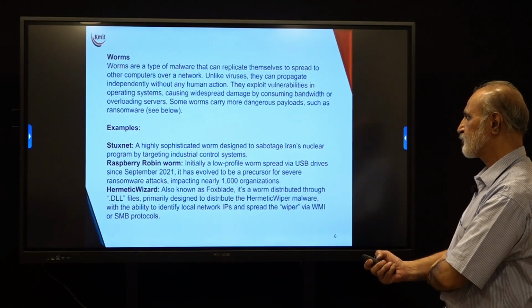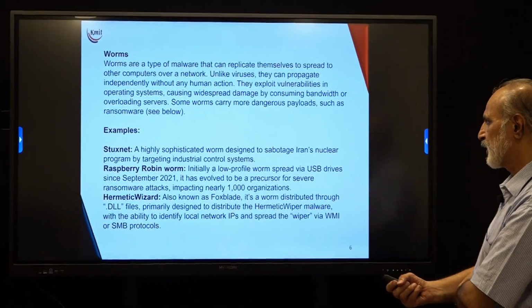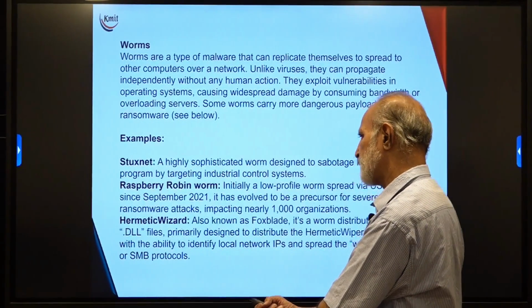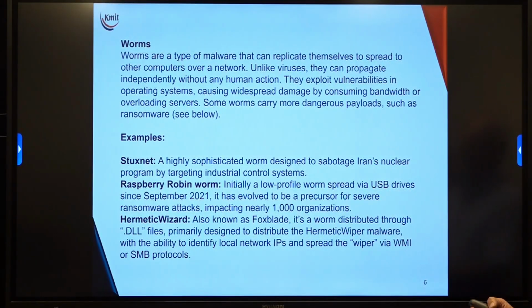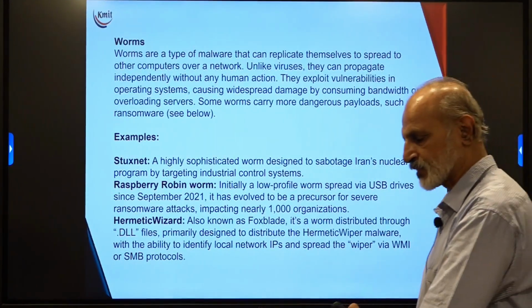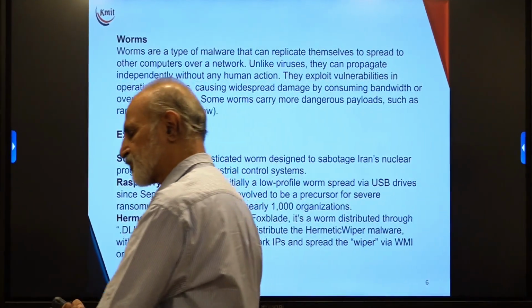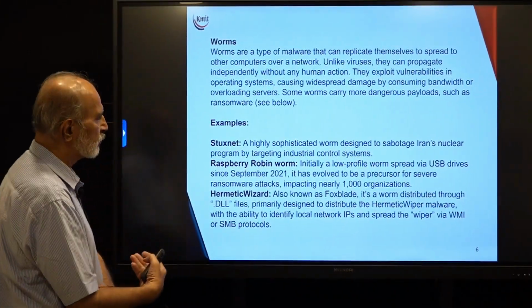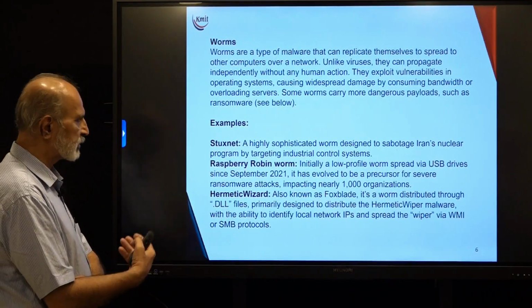Worms, which we have seen last time also. Examples are Stuxnet, Raspberry Robin worm, and Hermetic Wizard. So worms are malware that can replicate themselves to spread on a computer system. Like biological worms, they go on spreading in the entire system, and they will try to put dangerous things on the system.